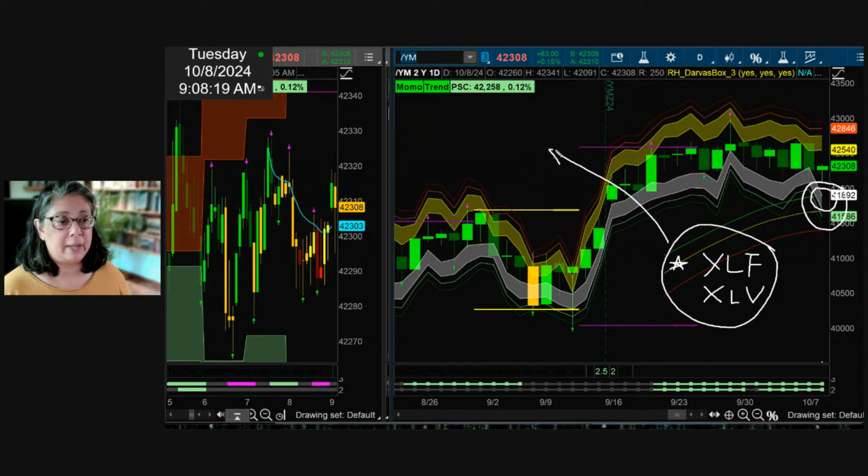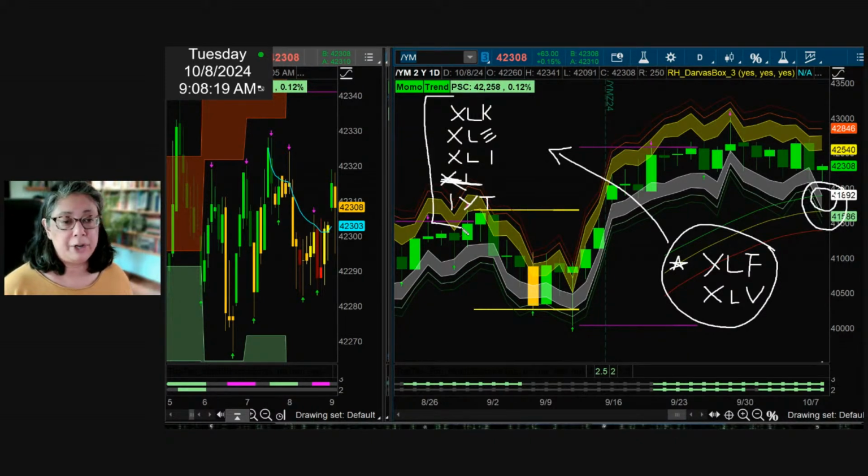Now, if you go further down the list of weighting, you're going to find things like technology. You're going to find things like energy, industrials, right? And here we go. And also, transports, right? That's usually where you're going to find the offset.